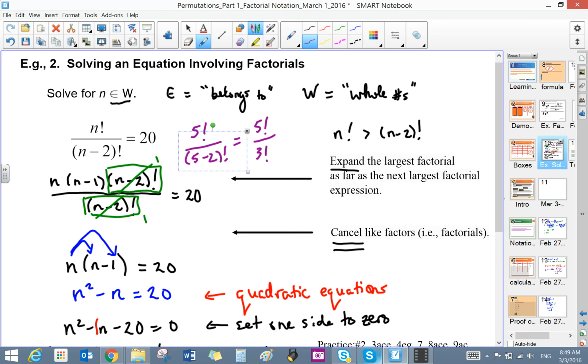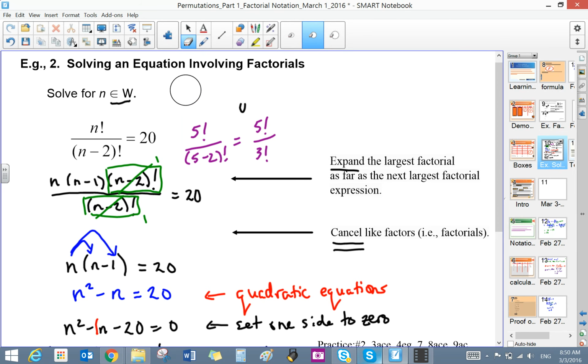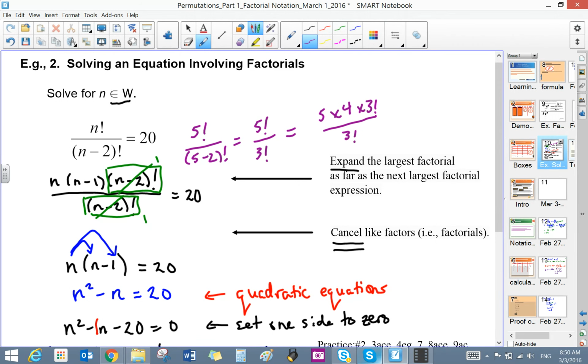It's going to get a bit messy here, so let me erase some of this material and make some room. There we go. Following the advice of expanding it out, that would be 5 by 4 by 3 factorial divided by 3 factorial. Canceling like factorials, we end up with a final result of 5 by 4, which is none other than 20.